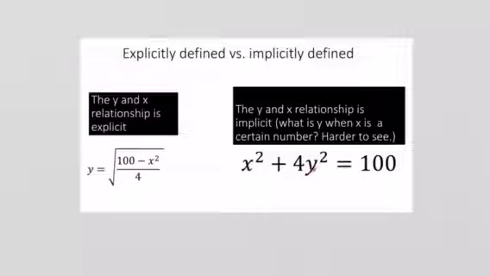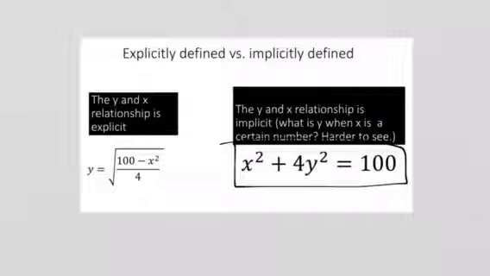I don't know what y equals. I don't know what x equals. I just know that x squared plus 4y squared equals 100. So the relationship between y and x is implicit. It's harder to see how they are related compared to here where it's very explicit that y equals this. So this is what we call an implicitly defined function. x squared plus 4y squared equals 100.